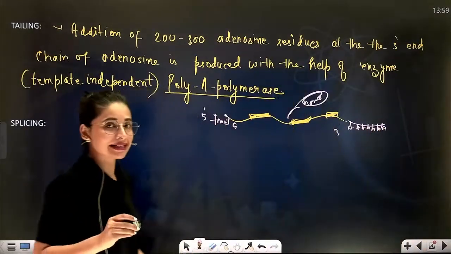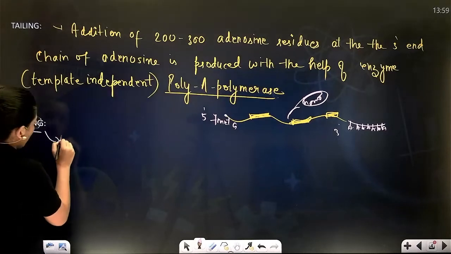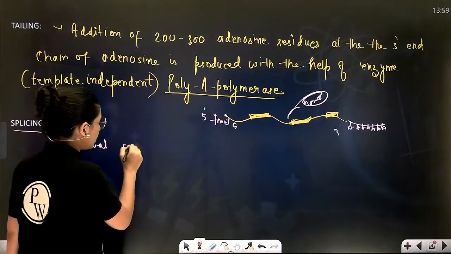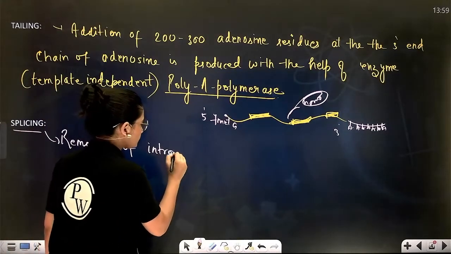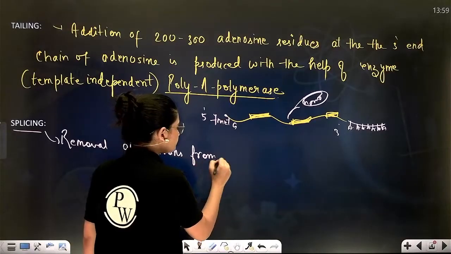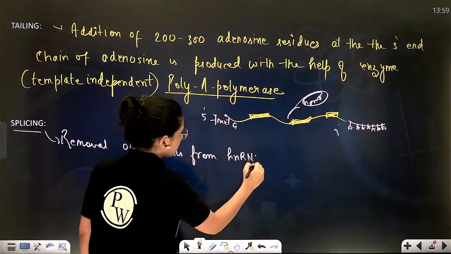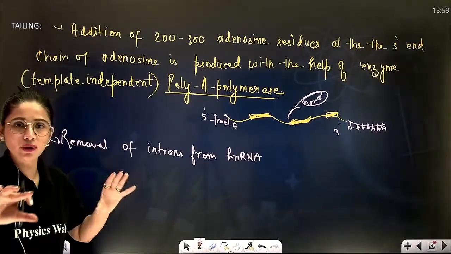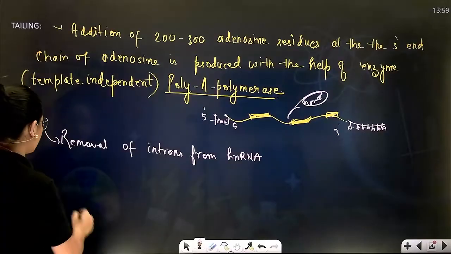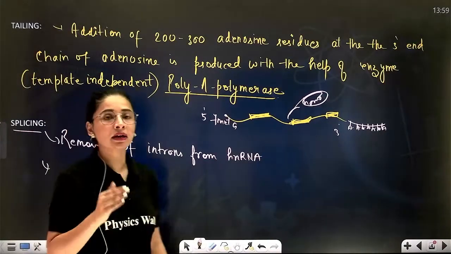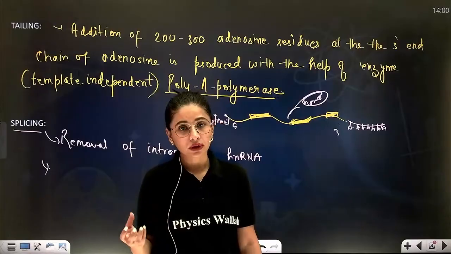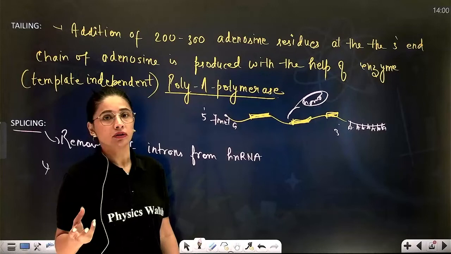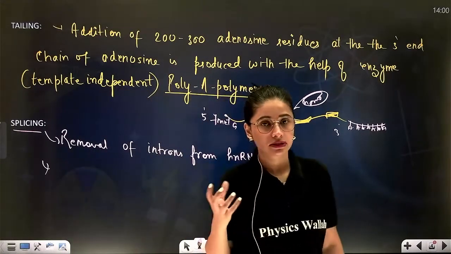Now what is splicing? Splicing, beta, just two terms you have to remember: removal of, cutting off, removal of introns from hnRNA to obtain a homogeneous RNA only having coding regions. Second thing, splicing is done with the help of some proteins like snRNA. snRNA is the major component of the splicing, along with the protein.